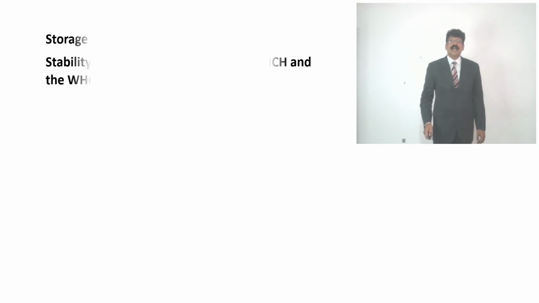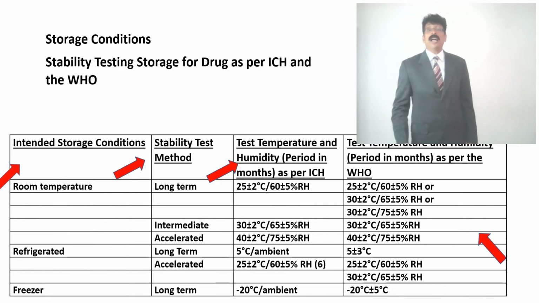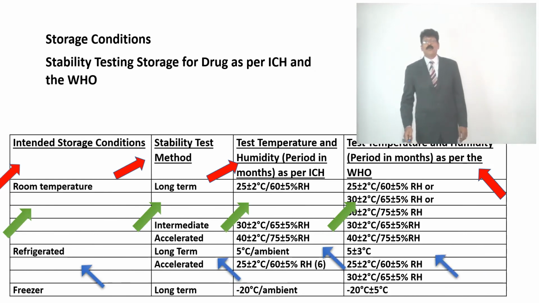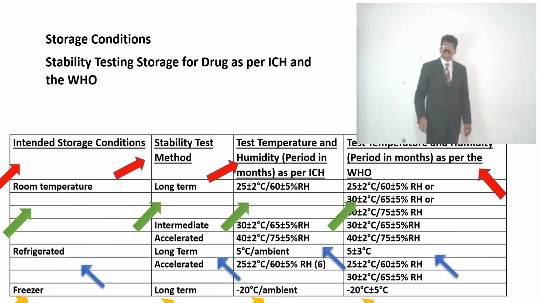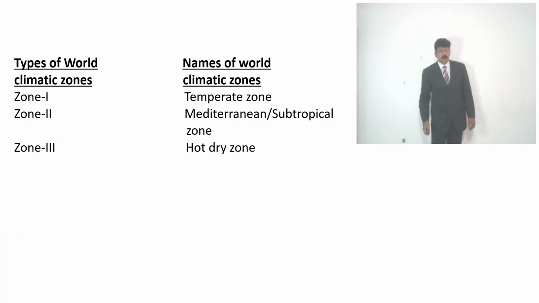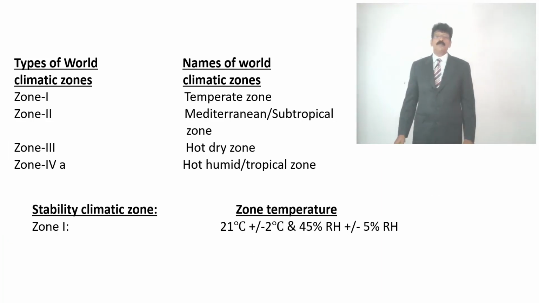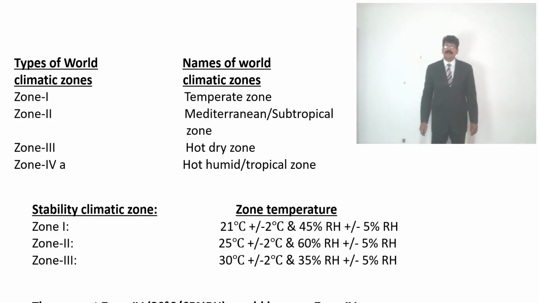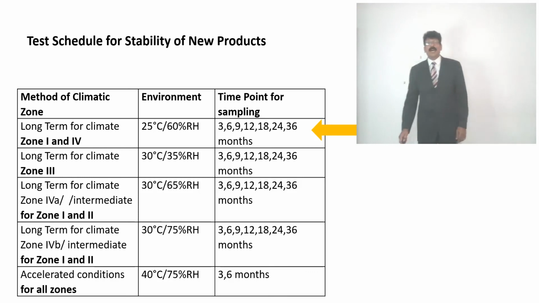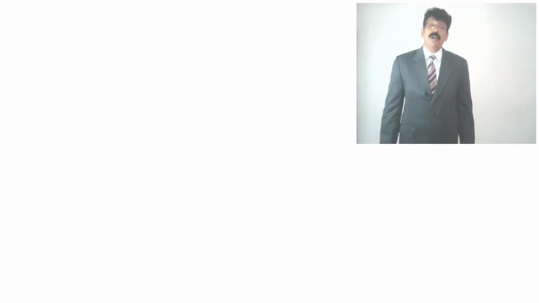We also discussed retained sample testing and the storage conditions given by WHO and ICH. We also saw the climatic zones, how they are distributed by temperature and humidity, which must be maintained by the researcher, and we saw the test schedule.